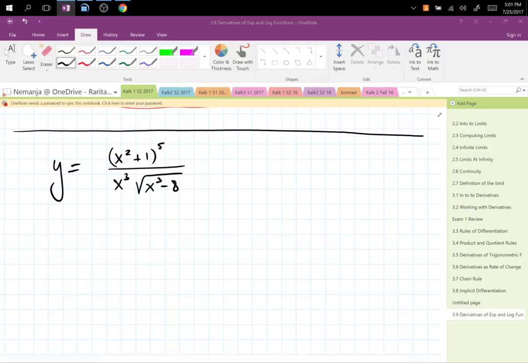So you know the first two steps. ln both sides and expand.